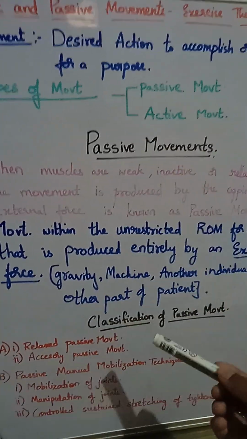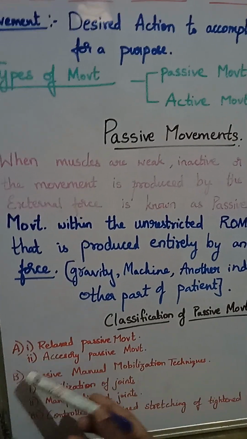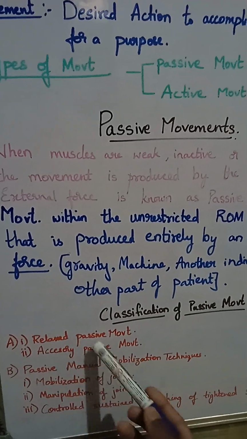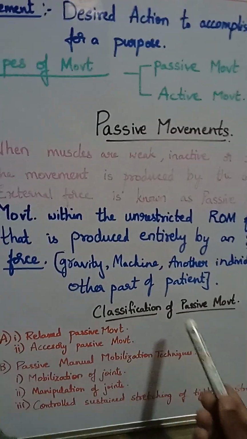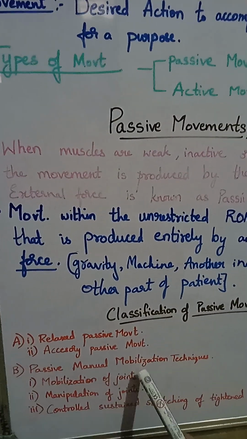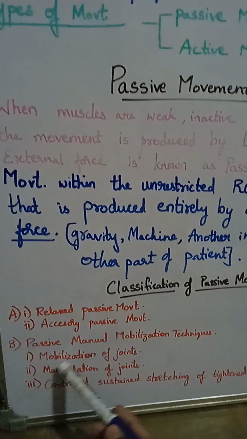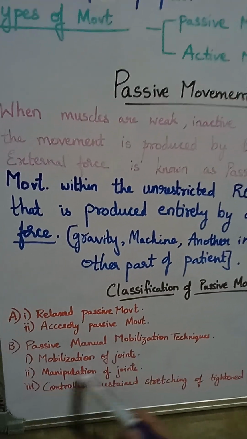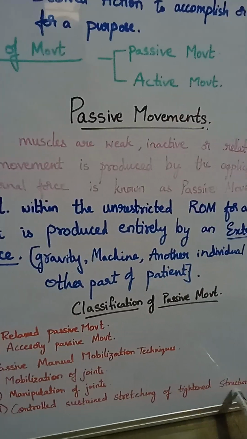If we go into the classification of passive movements, it is divided into A and B. In A we get the relaxed passive movement. In this video we are mostly going to deal with relaxed passive movements and accessory passive movements, and then passive manual mobilization techniques. What are passive manual mobilization techniques? In these we have mobilization of the joints, manipulation of the joints, and controlled sustained stretching for the tightened structures.